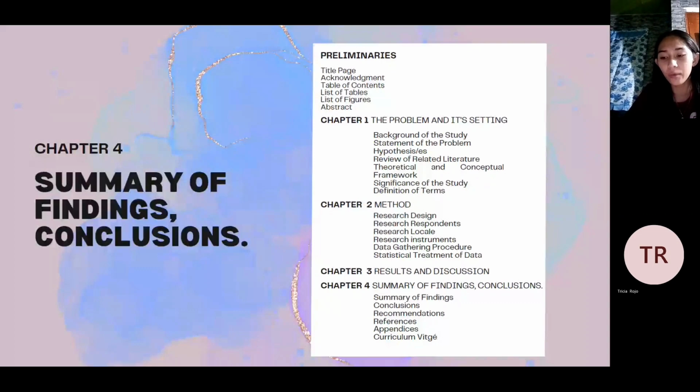It is typically located at the beginning of the work before the main body of text.